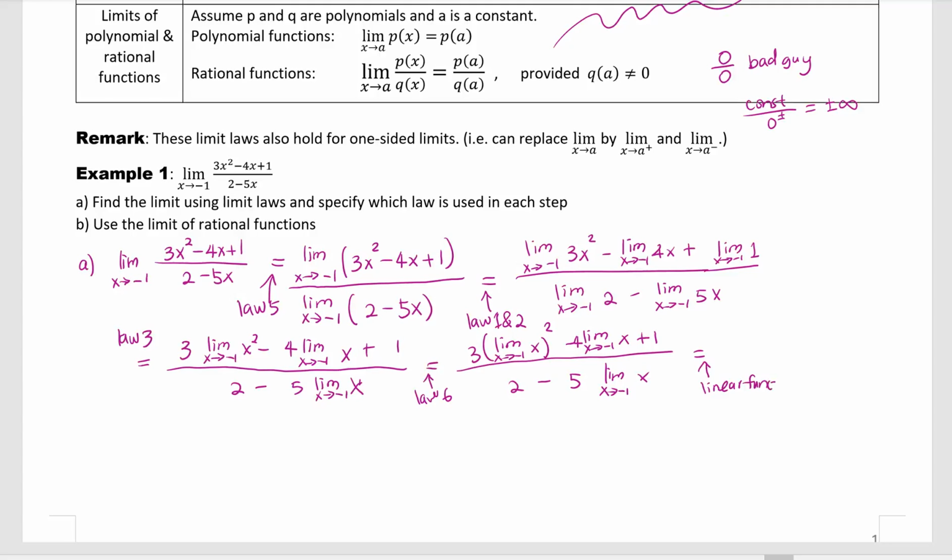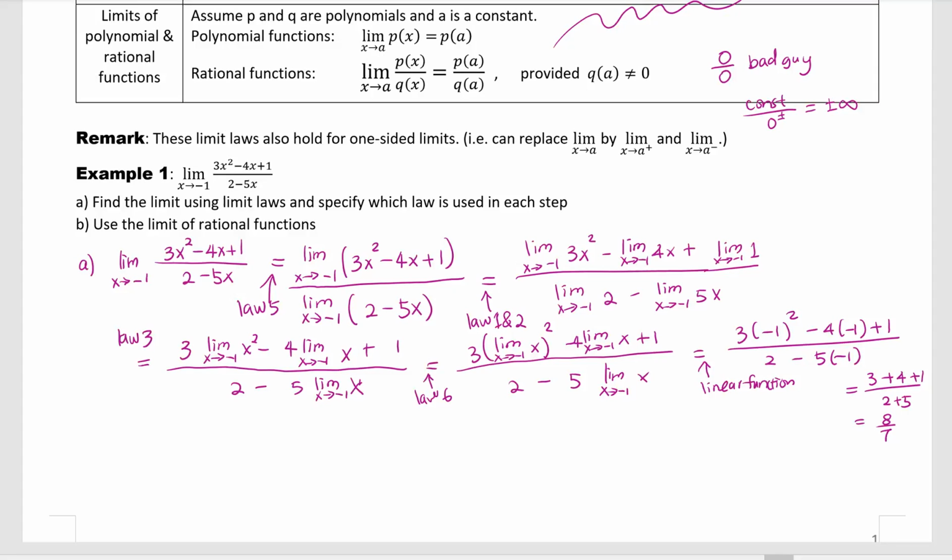So we know the limit for a linear function is simply we just plug it in. So then we have 3 times (-1) squared minus 4 times (-1) plus 1, over 2 minus 5 times (-1). That is 3 plus 4 plus 1 over 2 plus 5. Well, that is 8 over 7.